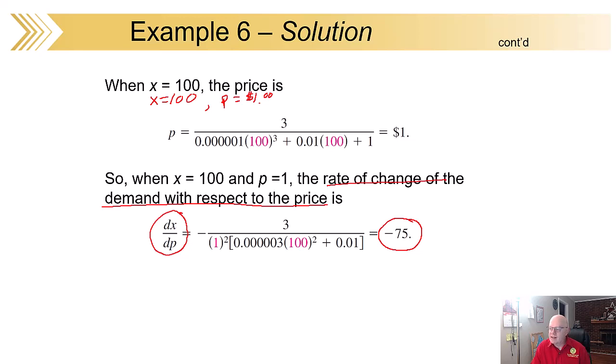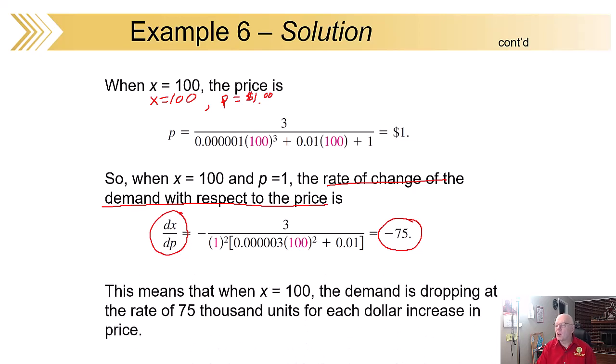Now translate that. Remember, x is in thousands, p is in dollars. So when x equals 100, the demand is dropping at 75,000 units for every dollar increase in price.